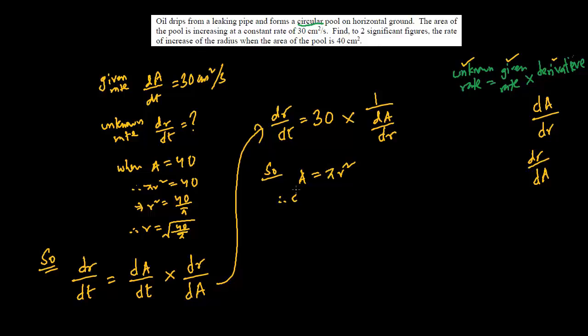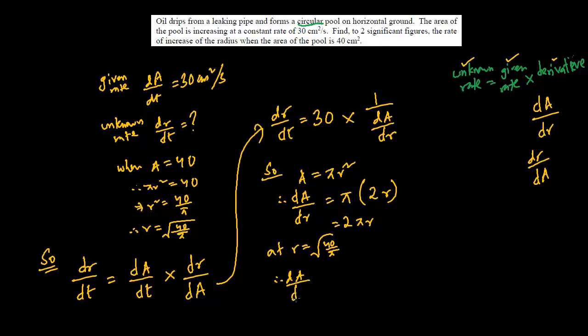So the derivative dA by dr: keep the constant here, r square has a derivative of twice r, so it would be 2 pi r. At r equals the square root of 40 by pi, dA by dr equals 2 pi times the square root of 40 by pi.